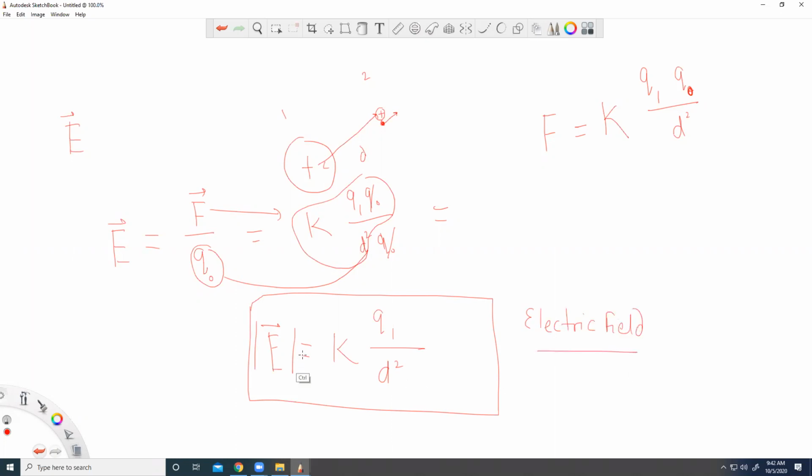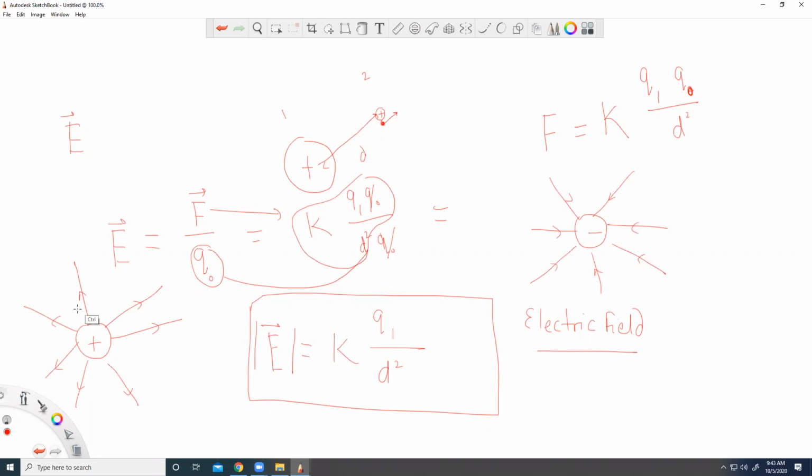And its direction is based on this fact. If it is a positive charge, its direction is away from the positive charge. So that's the direction of electric field for a positive charge. If it is a negative charge, its direction is pointing into the negative charge. So that's the direction of electric field of a negative charge.